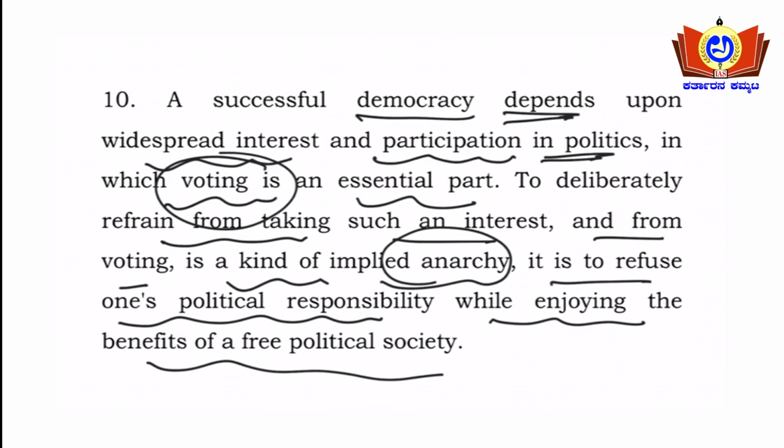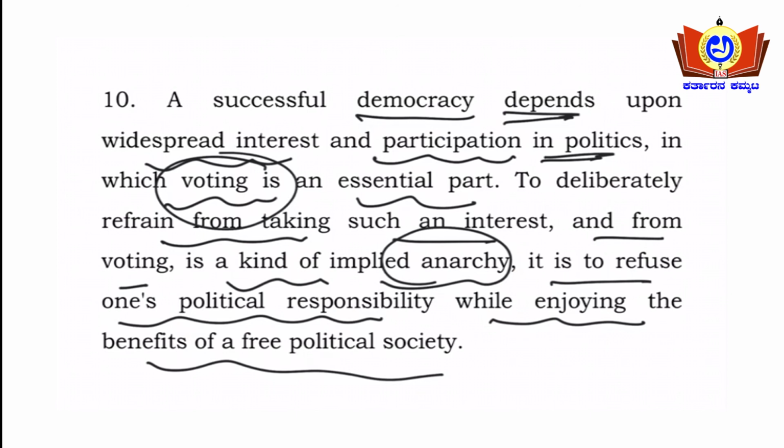It is to refuse one's political responsibility while enjoying the benefits of free political society. He is enjoying the consequences of that free political society, but he refuses to take up the responsibility to vote for the right member.